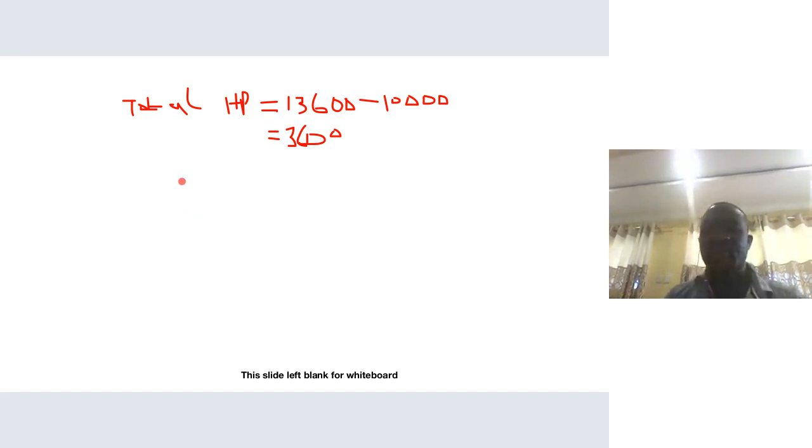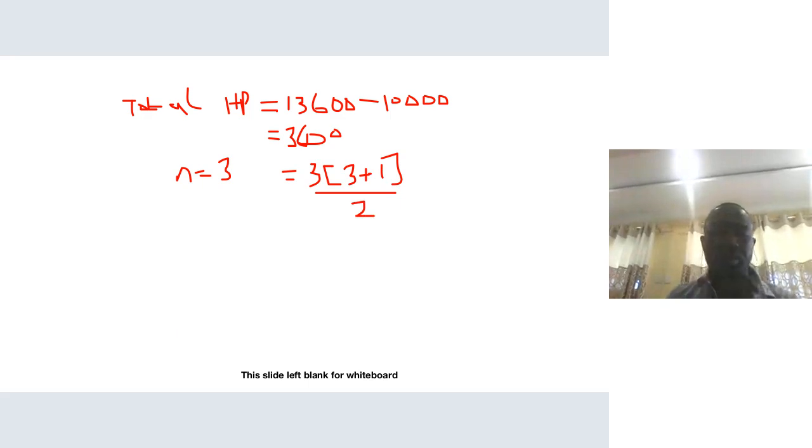So if n is 3, then our sum of digits will be 3 into 3 plus 1 divided by 2.